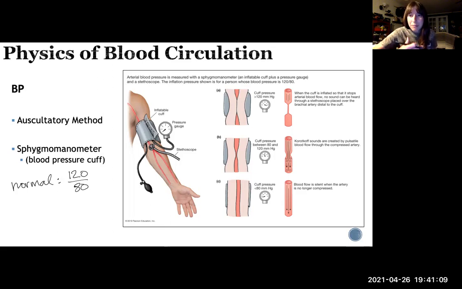So remember your little capillaries with their single cell epithelial cell walls, very thin, very small, and very easy to break. So if you have high blood pressure all the time, you're putting too much pressure on your capillaries all the time, and they can break, which is, of course, very bad. We do not want that. So you measure your blood pressure or a patient's blood pressure like that.